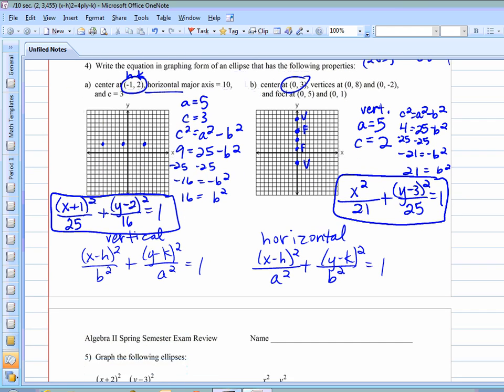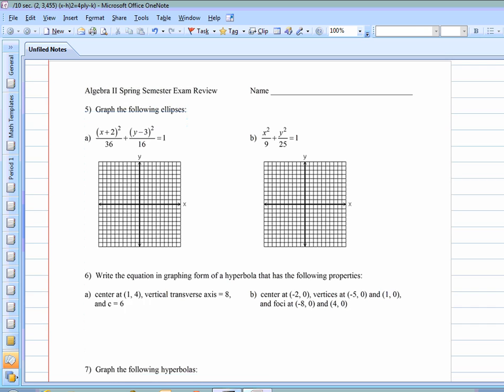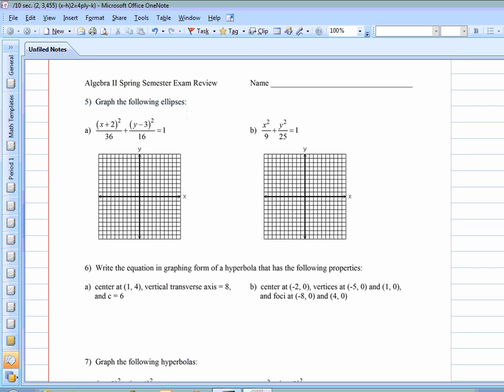Moving along. Here, we're going to graph these ellipses. So this one, because the bigger denominator is a squared, means that this one is going to be horizontal. And the center, I just put a C and put the coordinate, is (h, k). So the h is with the x and k is with the y, but the opposite sign.